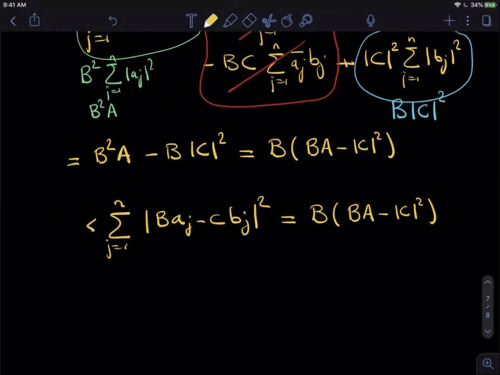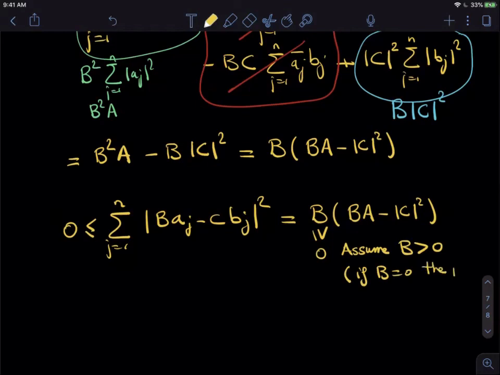But now you notice that this on the left is always non-negative. And I also know that B is non-negative. Let me assume that B is strictly positive. If B is equal to 0, the proof is very easy.